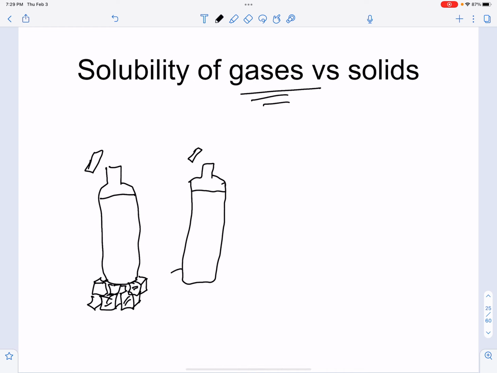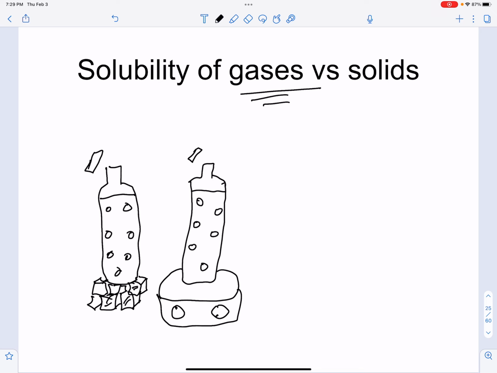And this one is placed on a hot plate at a very low setting. You have the molecules of the gas dissolved in the solvent. So which one are moving faster?